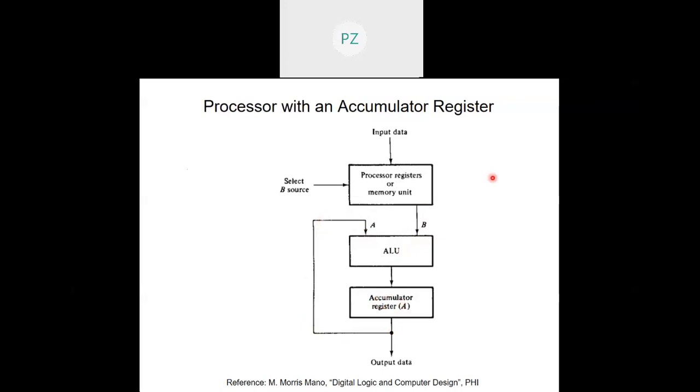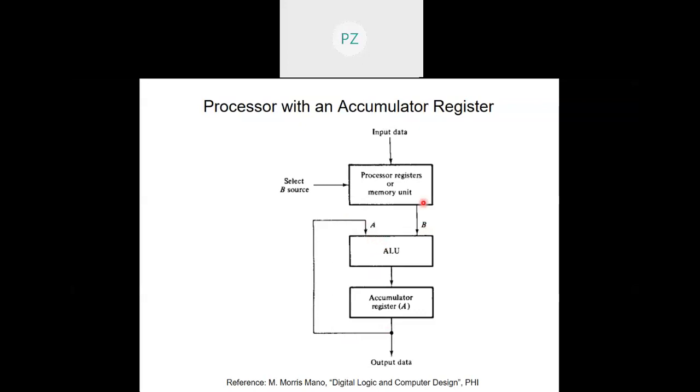Suppose there is a processor which has got the instruction add R. That means add the contents of register R to register A and store it in register A. So I'm just mentioning R, but one of the operands implicitly gets to be A, and the destination also implicitly gets to be A, right? So accumulator invariably always supplies the operand A.